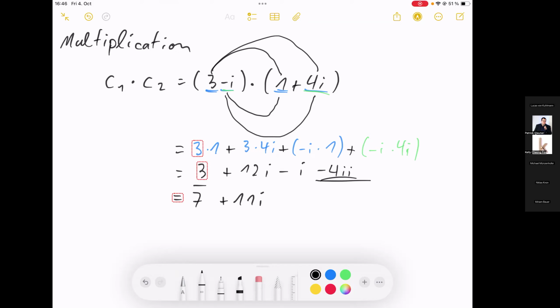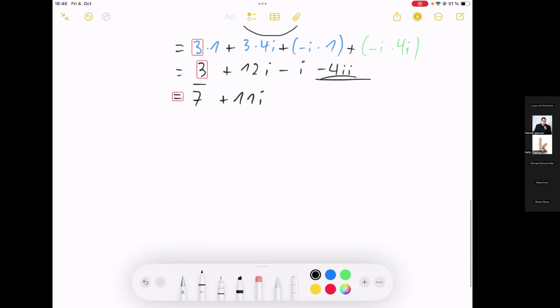Now we've seen the concepts of addition and multiplication. Now there is more we can do with complex numbers. There is the so-called modulus, sometimes also called the absolute value of a complex number. The modulus of a complex number is the following.